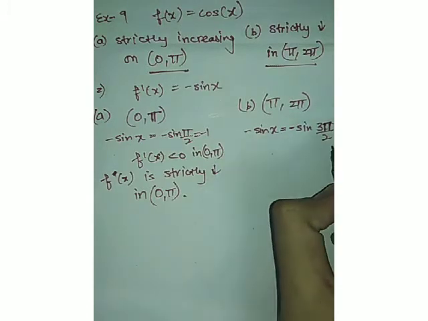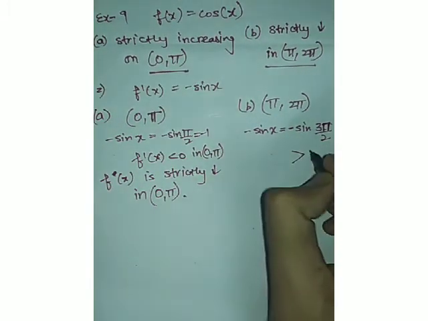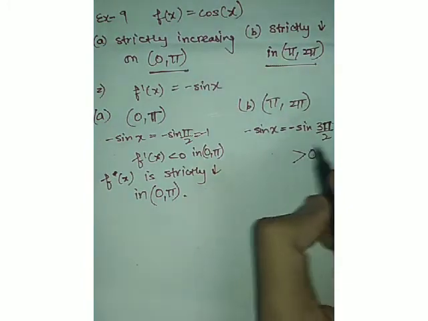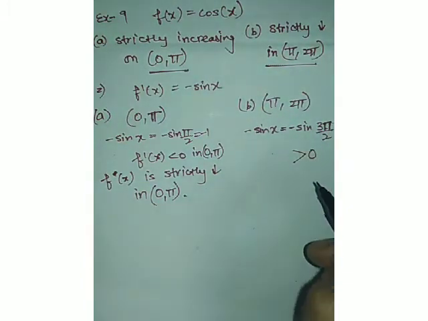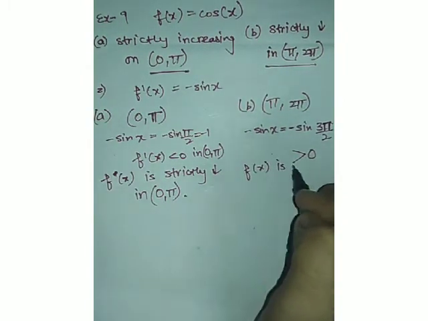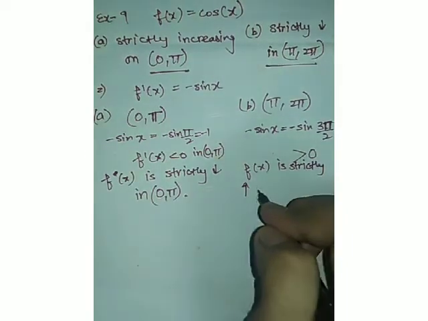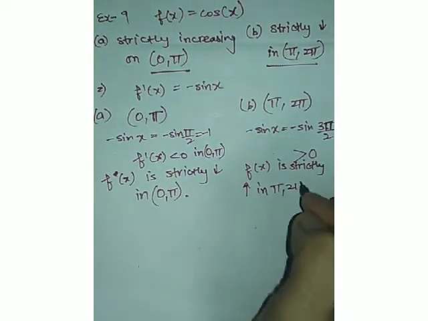So if sin 3 pi by 2 is negative, then the whole of this value will automatically be greater than 0. It will become positive because sin 3 pi by 2 is negative. You can check that. So it means f x is strictly increasing in pi comma 2 pi.